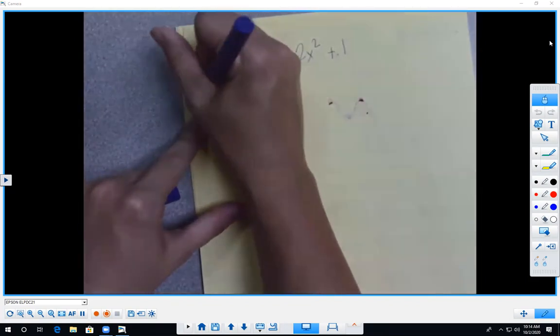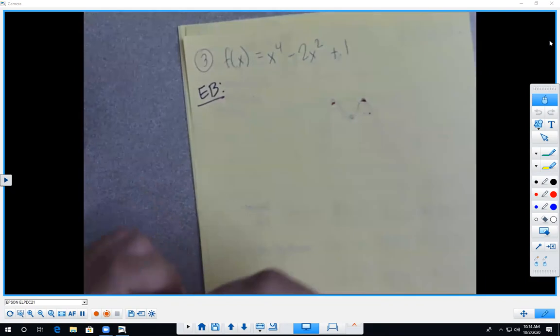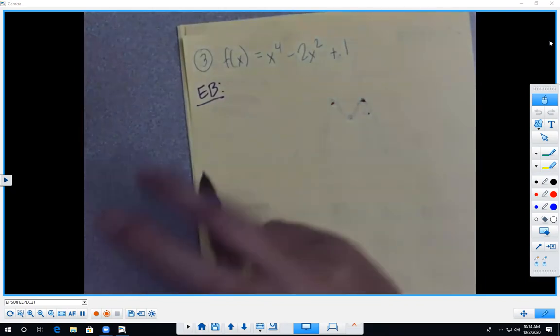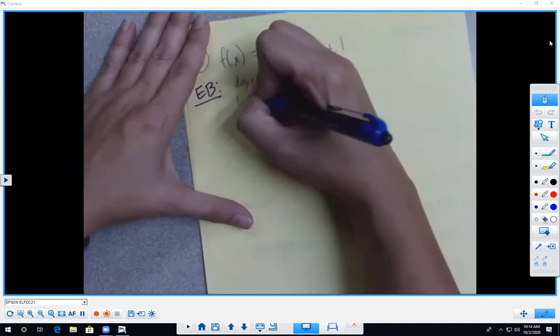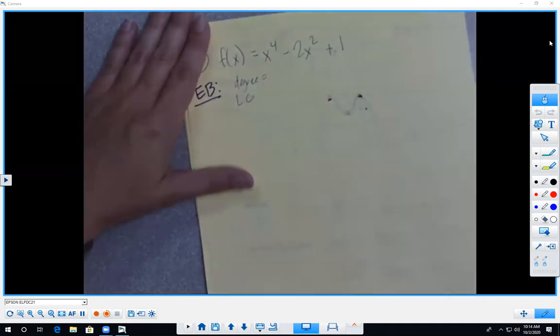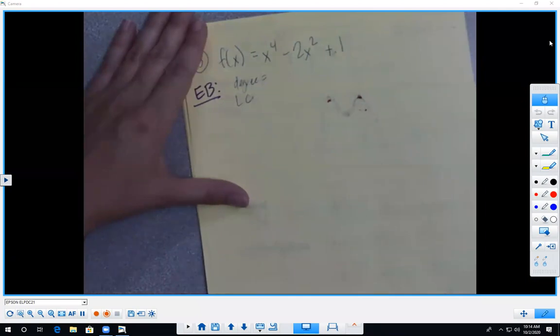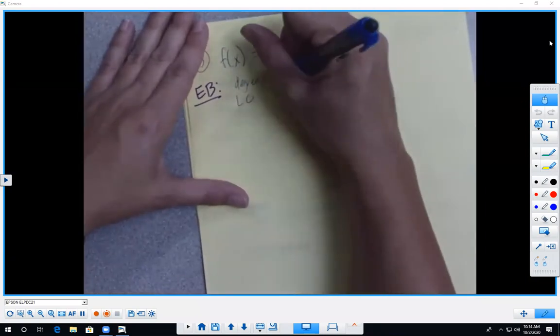First thing, let's find end behavior. To find end behavior, what do we need? Degree and leading coefficient. Is the degree even here, or is the degree odd? Even. The degree is 4, which is an even number.